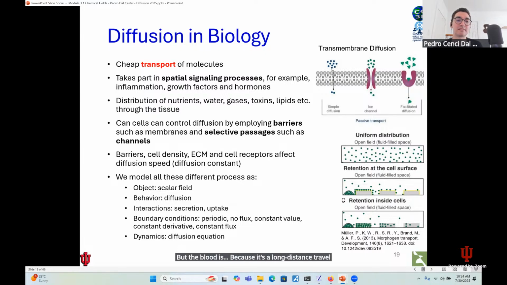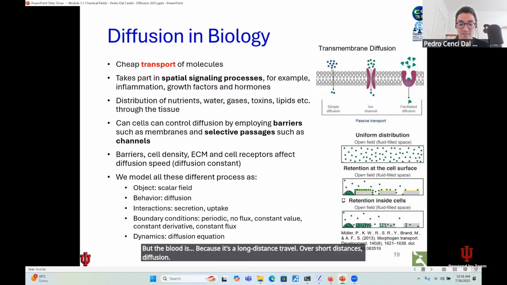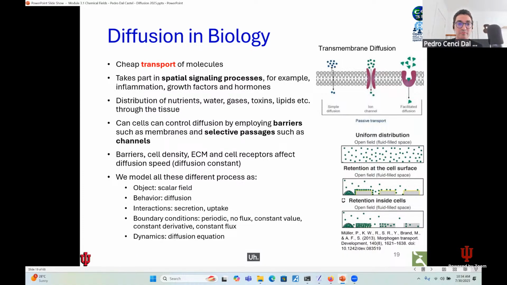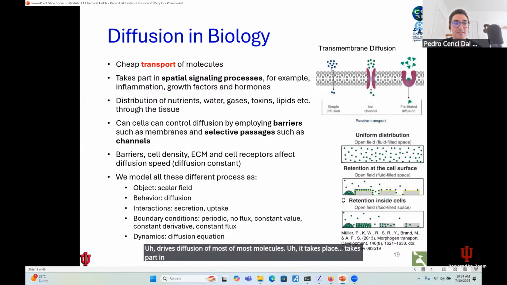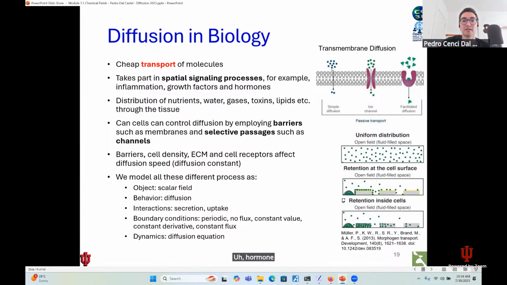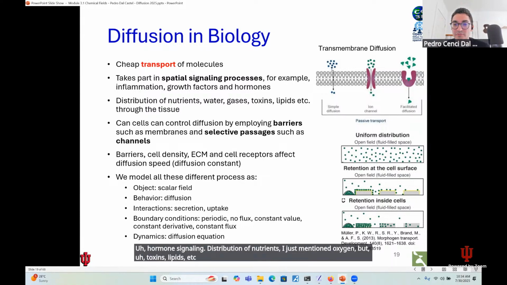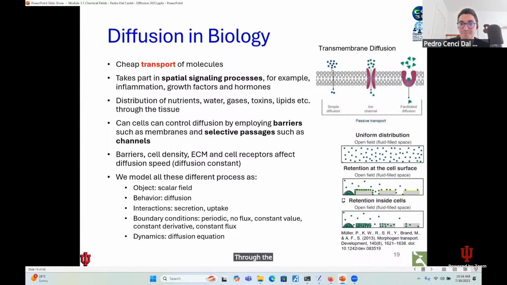Over short distances, diffusion drives the transport of most molecules. It takes part in signaling processes like inflammation, hormone signaling, distribution of nutrients. I just mentioned oxygen, but toxins, lipids, etc. can diffuse through the tissue.